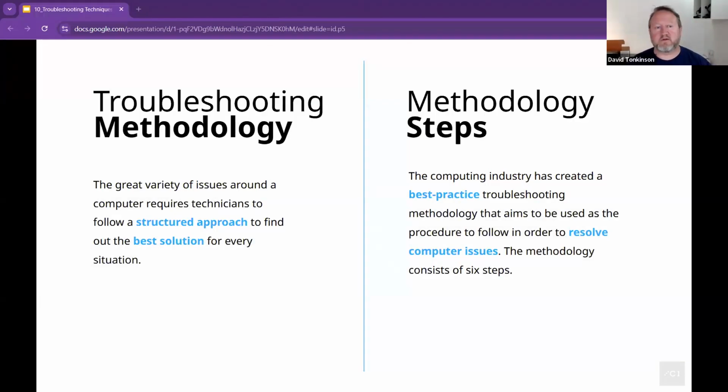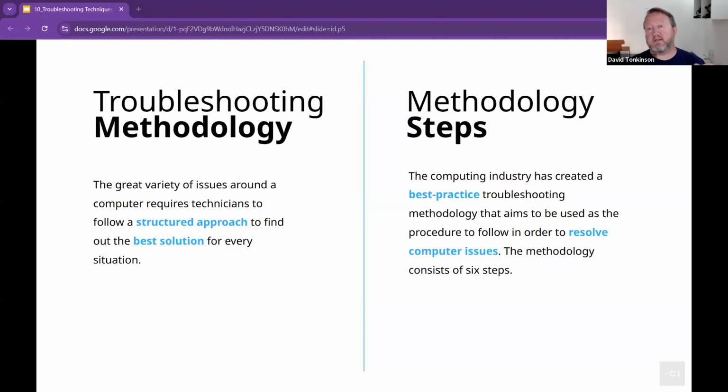So we've really got to talk about the troubleshooting methods that we basically produce. So the idea is to get a great value from issues and allow us to produce a step-by-step process that we can apply to every single troubleshooting step that we need to make. Now, this doesn't just apply to computer systems, okay?